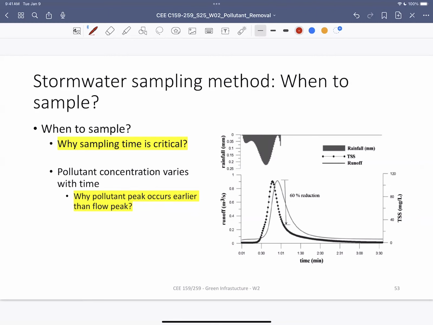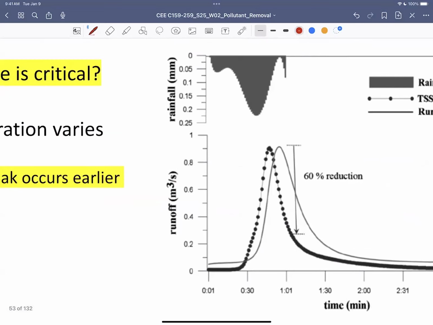And most of the time you can see that the pollutant peak will appear before the runoff peak, or the peak flow will occur later than the peak of the pollutants. The reason is that most of the pollutants dissolve very quickly, so the concentration rises very rapidly compared to the water.